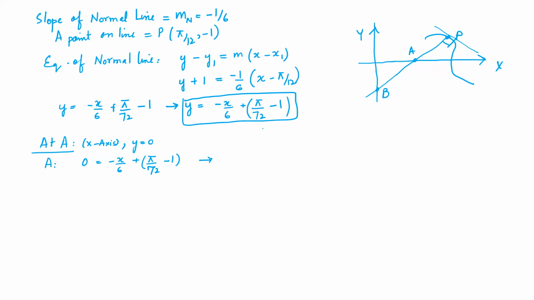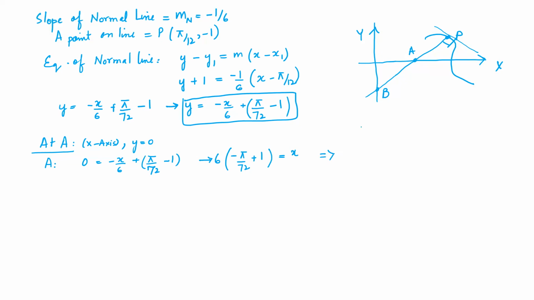So this turns out to be minus pi by 72 plus 1 is equal to x multiplied by 6.